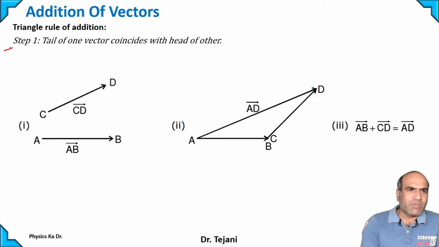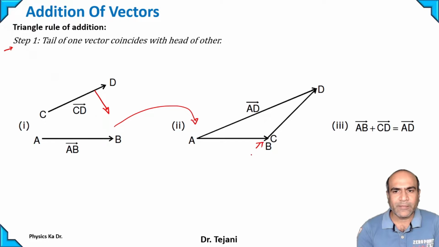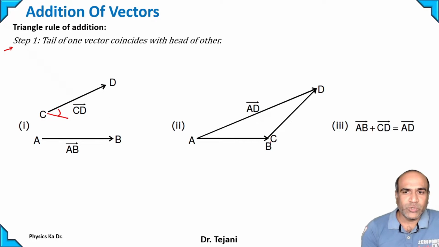Let us understand it in more detail with steps. Step number 1: suppose two vectors, AB and CD, are given. The tail of one vector should coincide with the head of the other. So you just need to redraw this. Say for example, AB is mentioned here, and you just move this CD vector such that the tail of the next vector is on the head of the first vector, and the angle of CD should not change, it remains the same, theta.